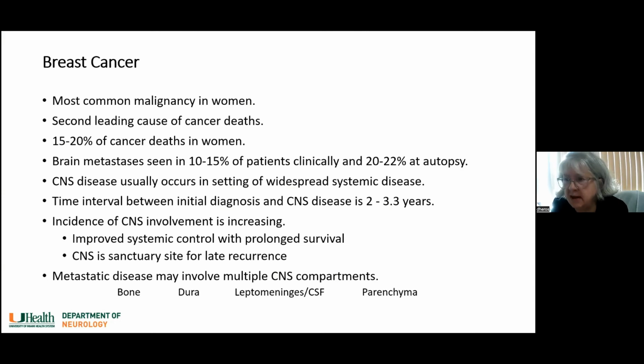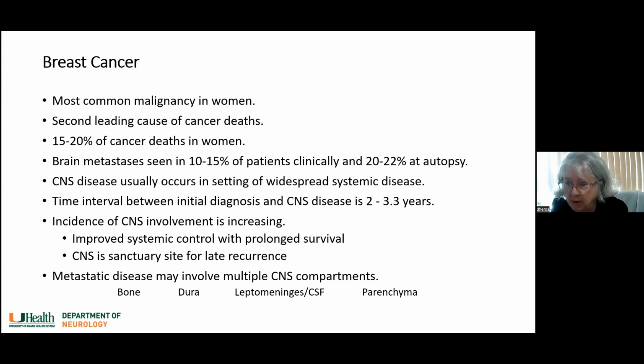The other information about the behavior pattern of breast cancer to understand is that it has a high propensity for other tissues, and involvement of other metastatic complications of breast cancer then can involve tissue that may cause neurologic symptoms. So it's important understanding the disease and being able to localize the neurologic symptoms.